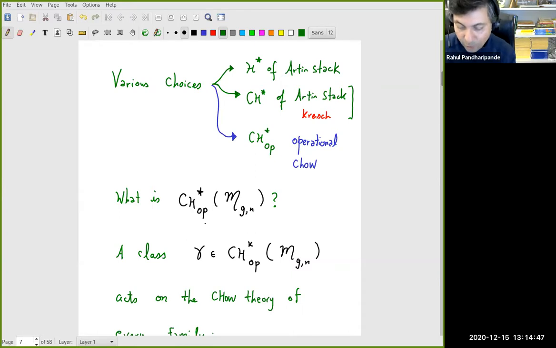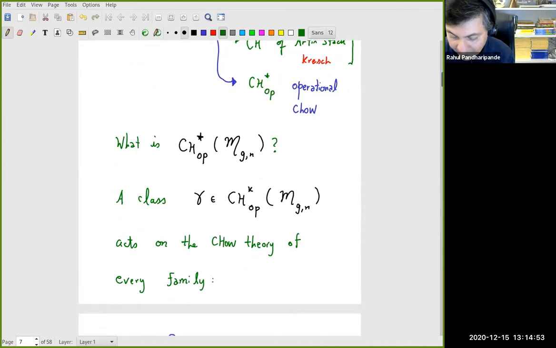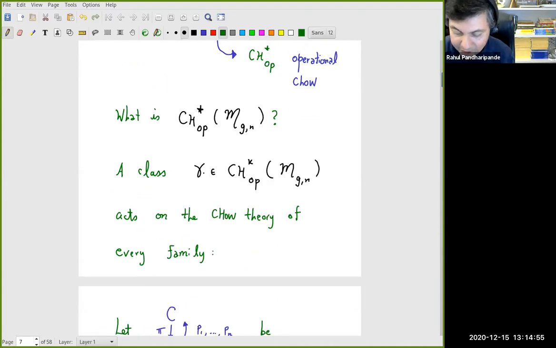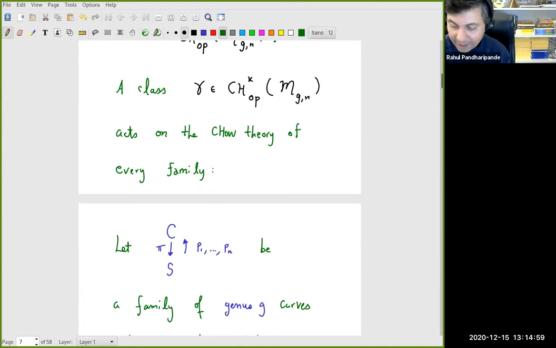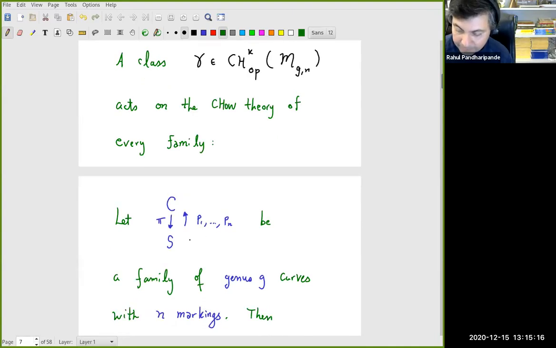But anyway, what is this operational Chow? By definition, such a class acts on the Chow theory of every family. That means that if I make a family, an object in that category, some base scheme, and here I mean some finite type, some really simple thing, so we take some scheme of finite type and some flat family of curves over it with marked points.